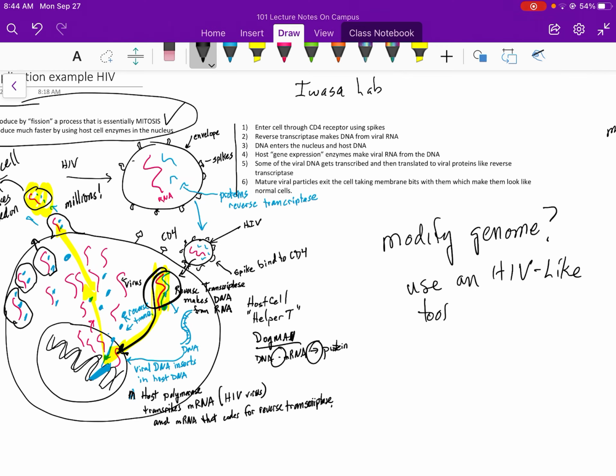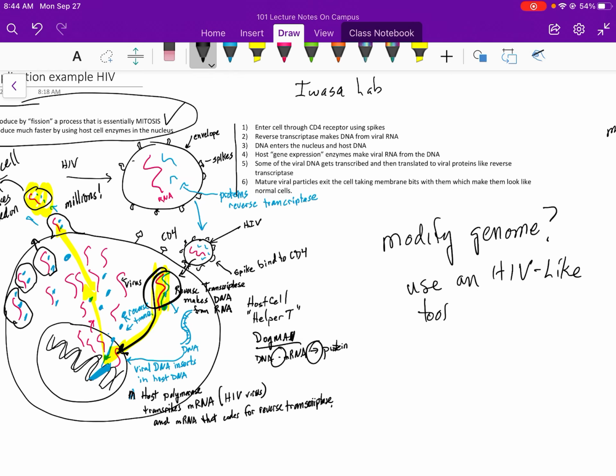But so far it just really hasn't worked because it's really hard to do. Because you can't use HIV, but you need something similar to HIV. And the thing that was discovered that actually took the place of that is the CRISPR-Cas9 system. And we'll talk about that system, which does allow genome modification.